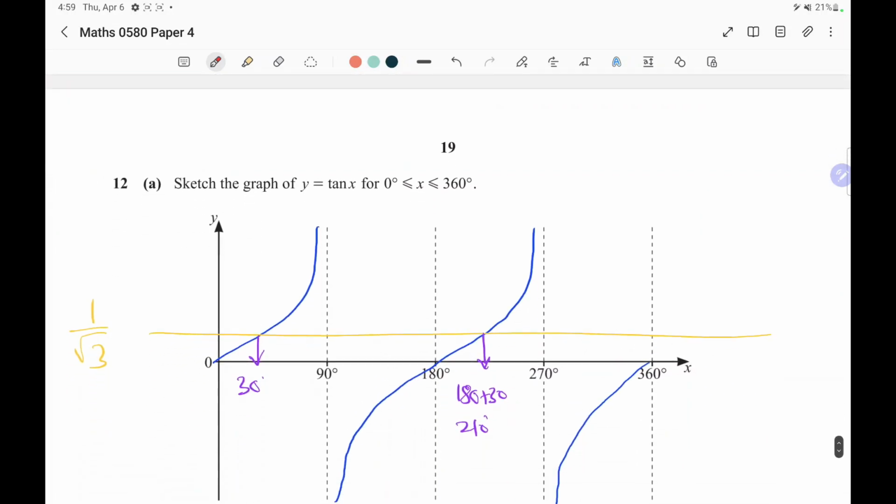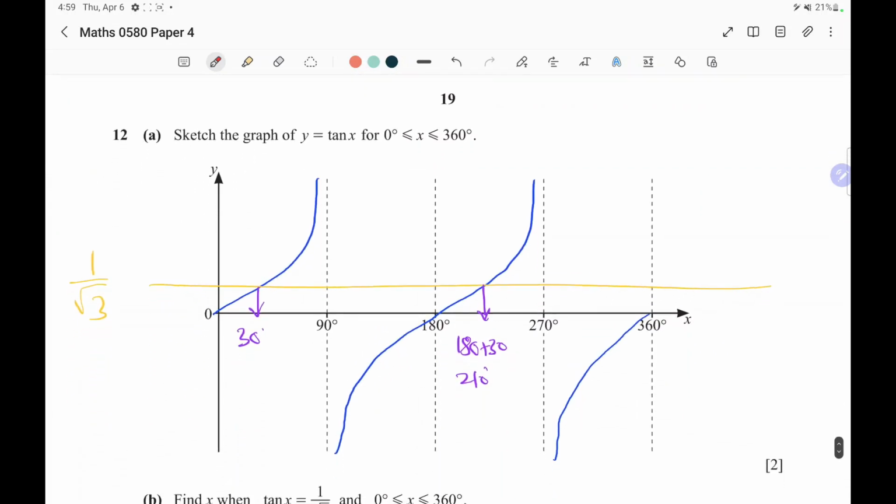Okay, now question 12: sketch the graph of tan x. You just have to remember which kind of graph tan is. So there are always vertical lines at 90, 180, 270 and 360.